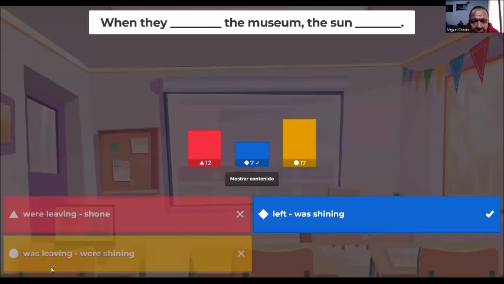When they left the museum, the sun was shining. An action is interrupted by another one.